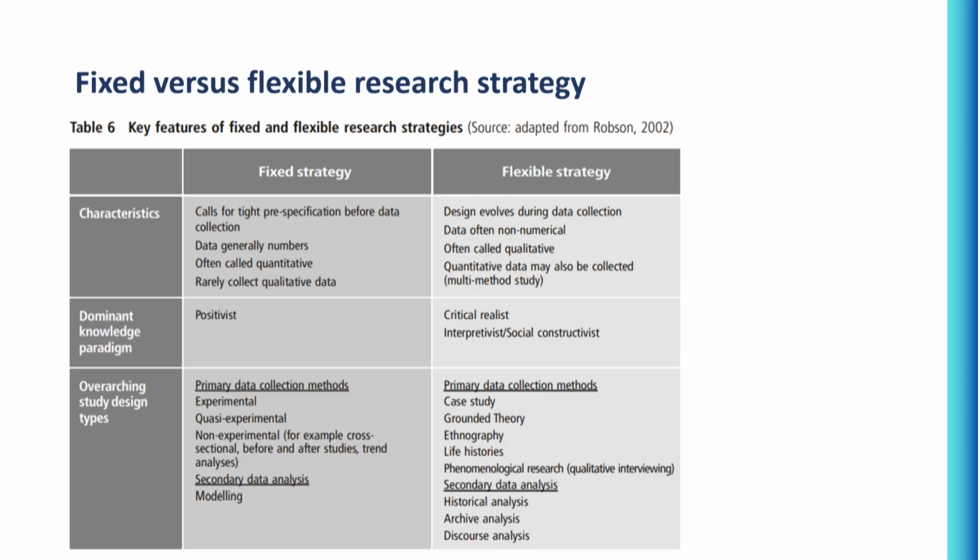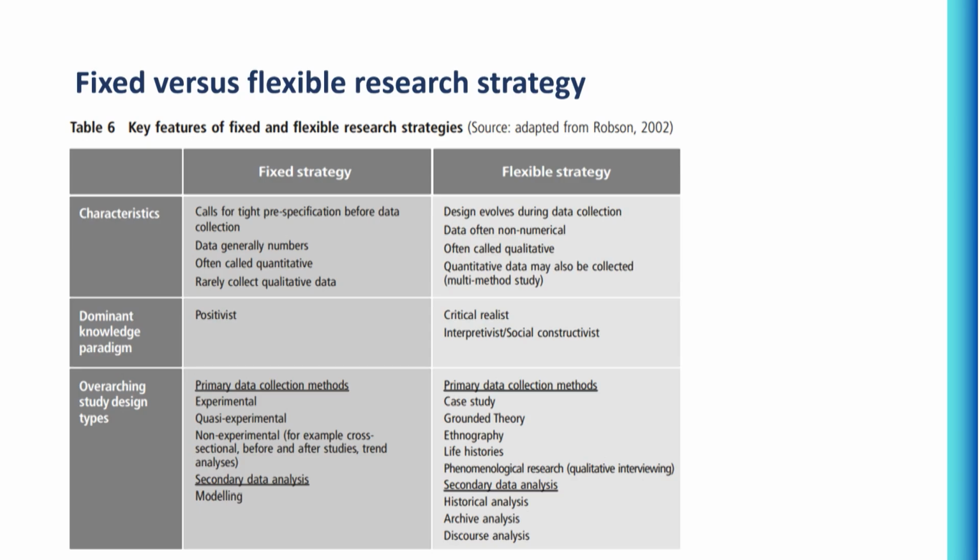So the overarching study design types in terms of fixed strategies are experimental, quasi-experimental, or simply cross-sectional, right? A descriptive prevalence survey, a cross-sectional survey. Or in terms of secondary data analysis, you might be using that data to do some sort of modeling. So if I introduce this intervention, what is likely to happen after 5 years or 10 years?